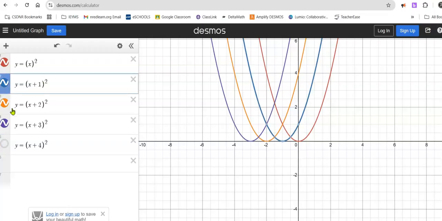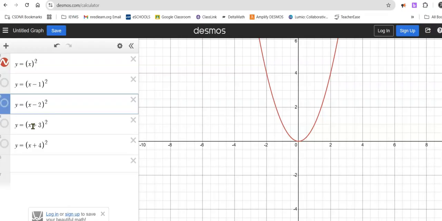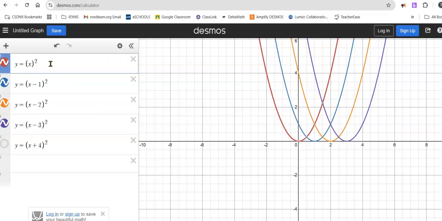What if I change all of these to minus signs? Minus 1, minus 2, minus 3. It seems like it's shifting to the right. So far we've tried putting constants outside of the parentheses.